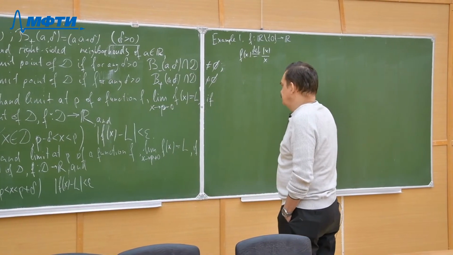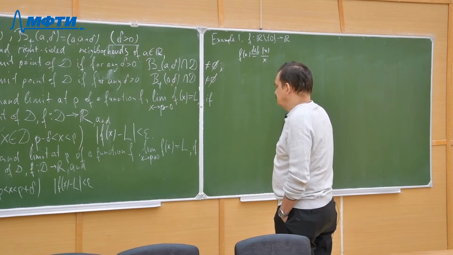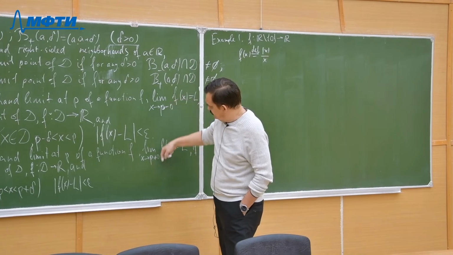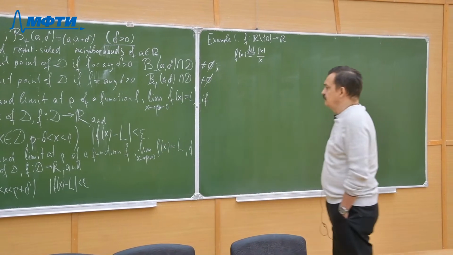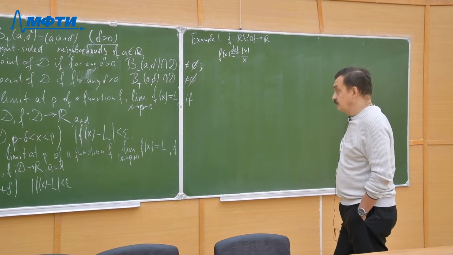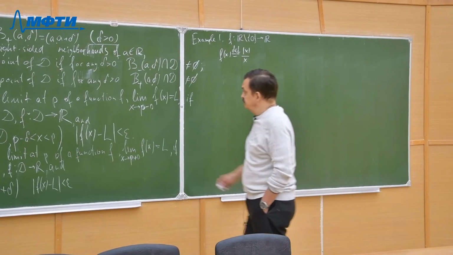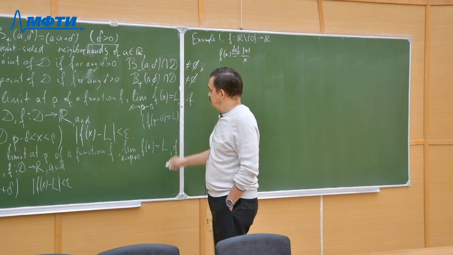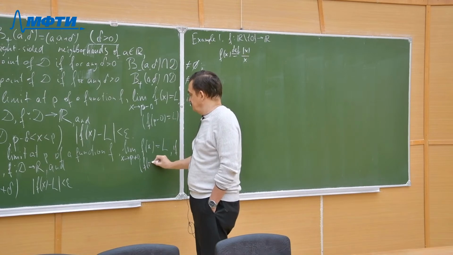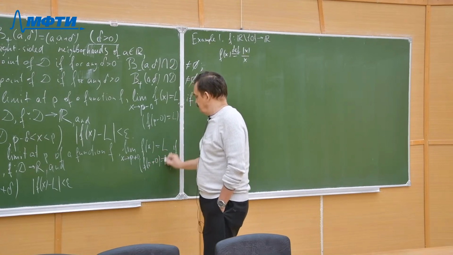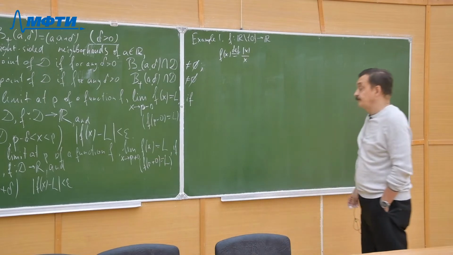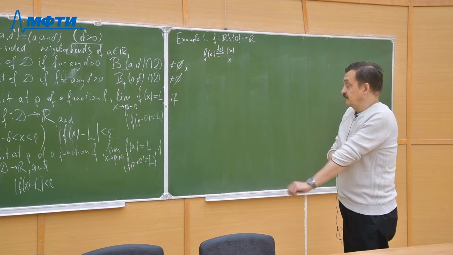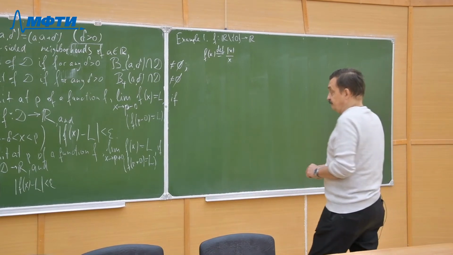Sometimes you can even forget about this 0 in p, it doesn't matter. Also there are notations like f of p minus 0 equals L, and f of p plus 0 equals L. That is equivalent to the left and right hand limits at a point p.